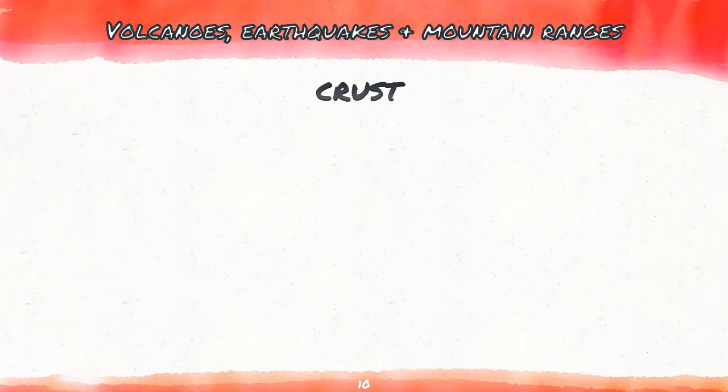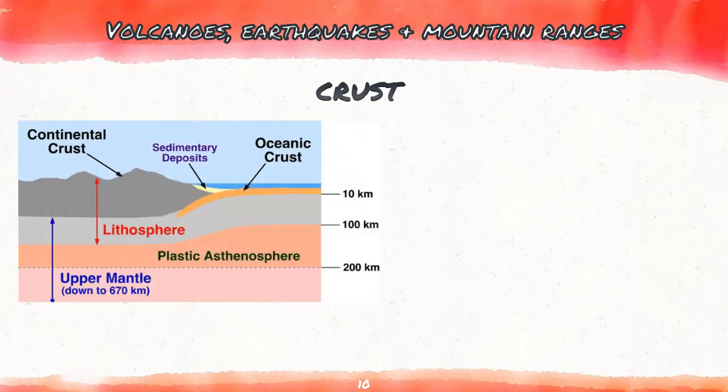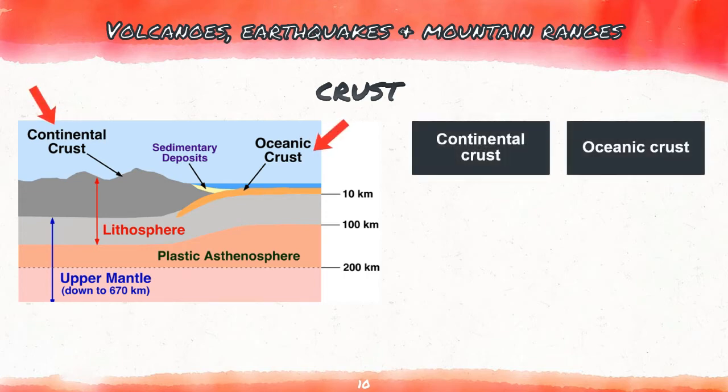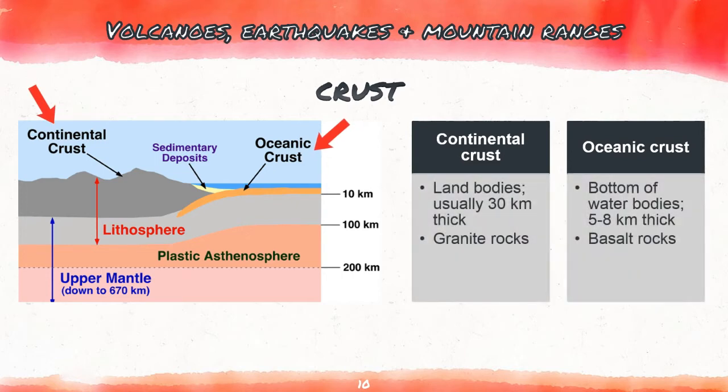Let us first elaborate the concept of crust. As you can see in the illustration, the crust has two major types. These are the continental crust and the oceanic crust. The continental crust pertains to the land bodies, usually 30 kilometers thick, and the type of rock that makes up the continental crust is granite.